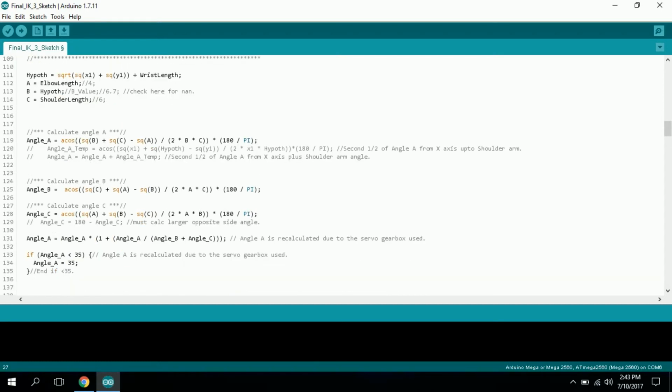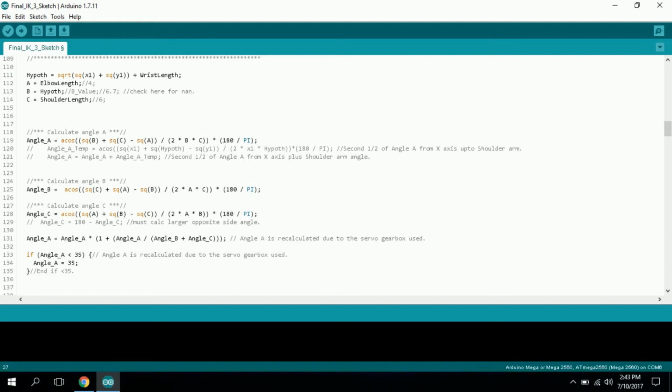Angle A, again, is that calculation I showed you on paper. A cosine, which is the inverse cosine of B squared plus C squared minus A squared, all divided by 2 times BC. And then I multiply that whole thing by 180 divided by pi, and that'll give you the number of degrees.